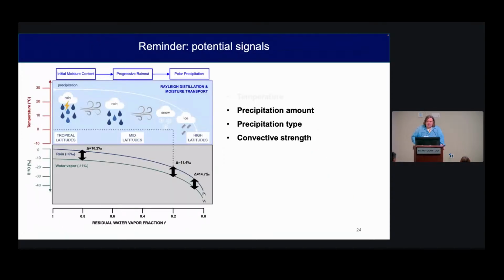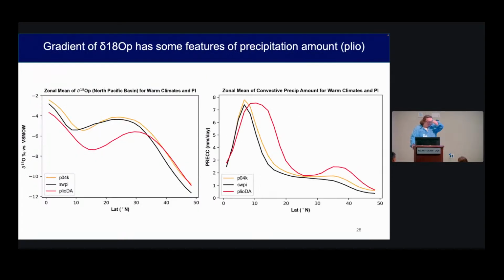So ruling out temperature, we're going to look at the other 3 potential types of hydroclimate signals that they might record. The first is just the amount of convective precipitation. It's kind of hard to do this wiggle matching, but the troughs in the delta 18O do correspond to peaks in convective precipitation amount, and where they go down or peak again, there's a corresponding trough around 30 degrees.